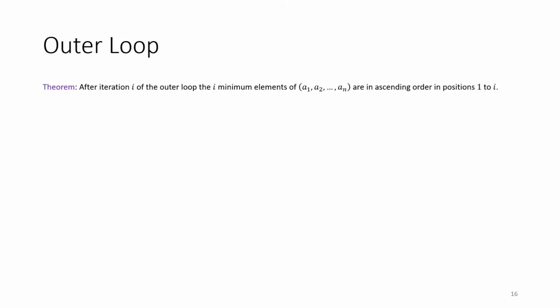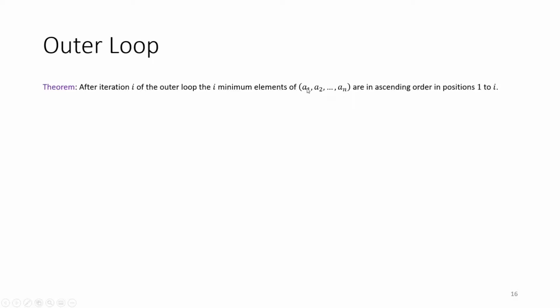The instinct we got here, so let's go through how that outer loop went again, is first it moved the minimum element into the first position, then it moved the second minimum element into the second position, and so on. So what we end up getting is after i steps, the i minimum elements will be in the right positions. And we might want to formalize that a little bit more, but let's see what that is. So it says after iteration i of the outer loop, the i minimum elements, so that was the part we had focused in on, the i minimum elements of what?